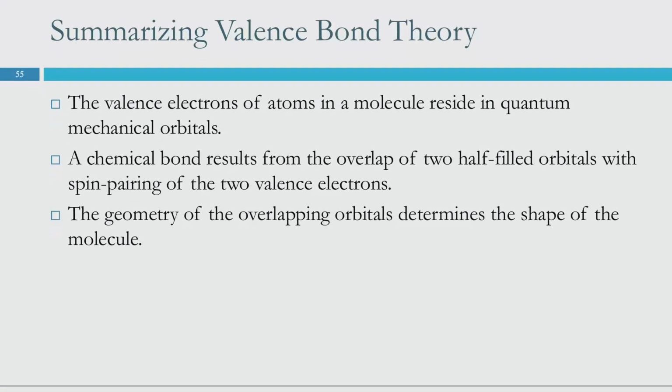So the super fast summary of valence bond theory: valence electrons of atoms reside in quantum mechanical orbitals, s, p, d, f. Typically, we'll just be looking at s and p. A chemical bond results from the overlap of two half-filled orbitals.